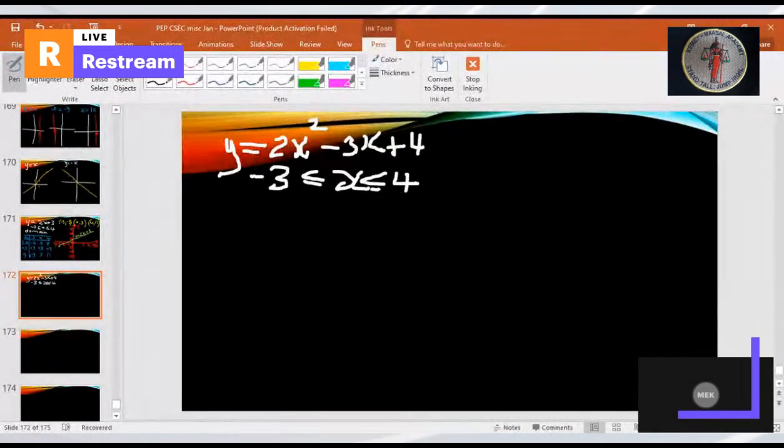Because we're going to get a curve, we can't just use 3 points. 3 points will not be enough. We have to get all the points on the curve. So the domain says negative 3 to 4. We're going to have to plot all the points from negative 3 to 4. We need a wider table.